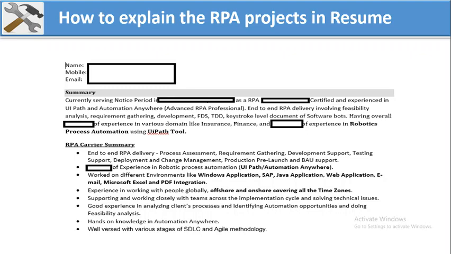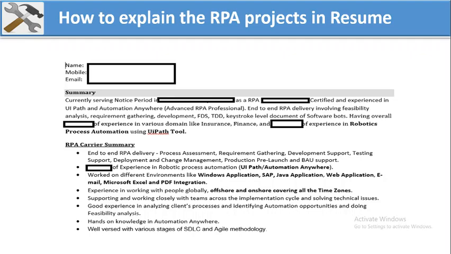I have seen many candidates who are very good in technology, very good in coding, and have very good knowledge in different RPA tools, but what they lack is the proper format of the resume.